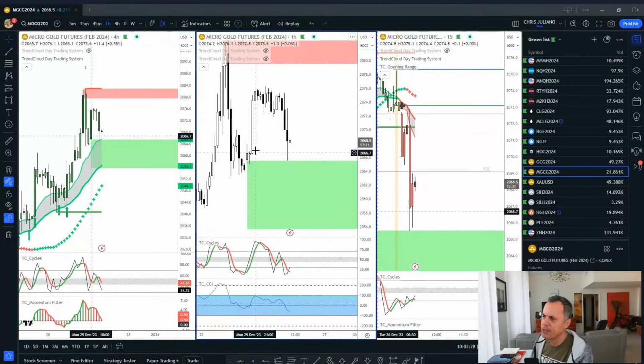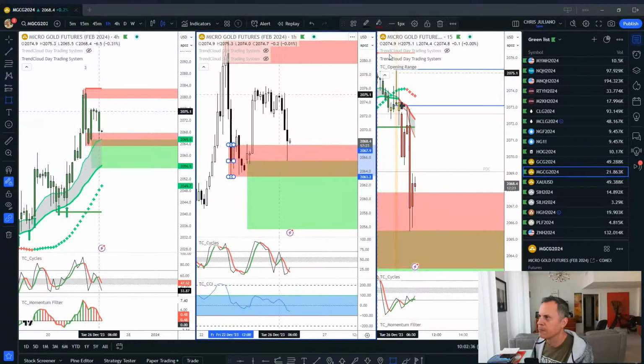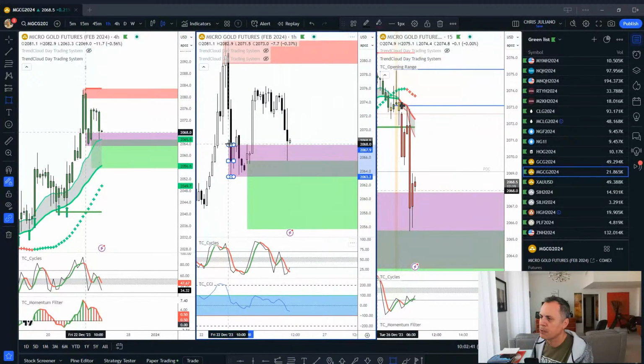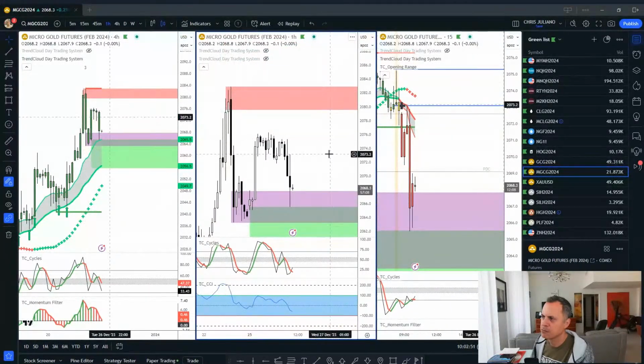So this rally base rally formation, let's just use this whole thing from here to here. This didn't break anything, did it? So we don't like that. We don't like the fact that this didn't break any structure.